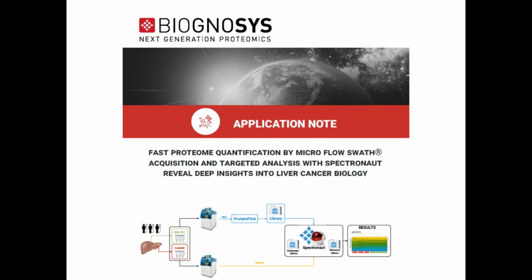The next question for you, Nick, is again about the sensitivity of the microflow SWATH setup, if you can comment on that. Well, as I said, we see about a 4 to 5-fold difference in sensitivity between nano and micro.